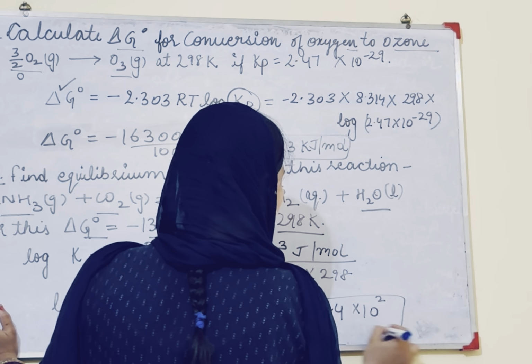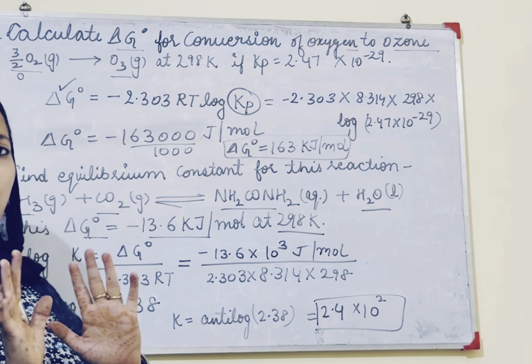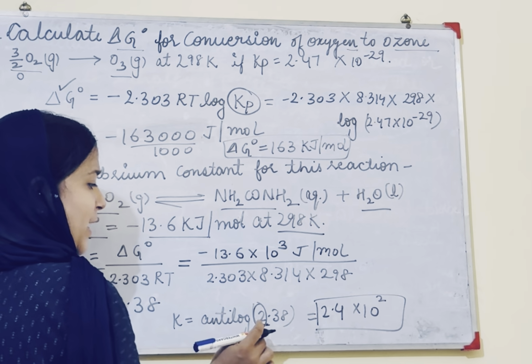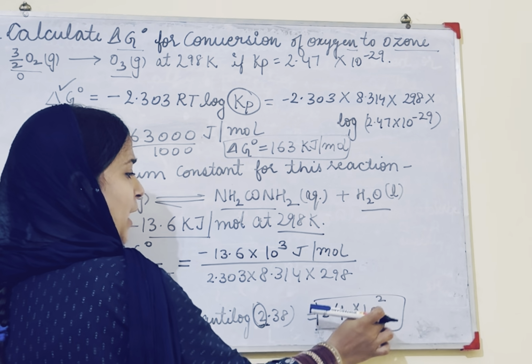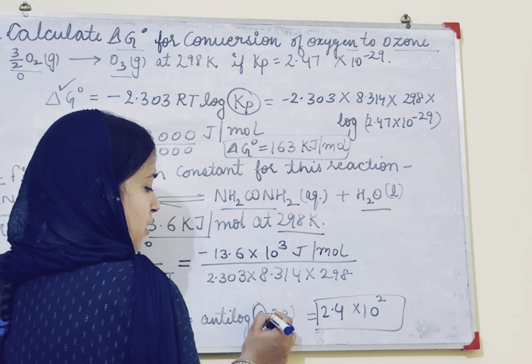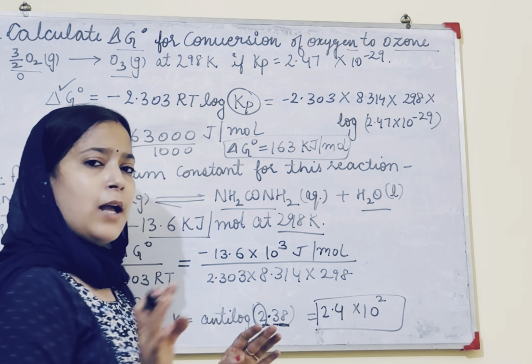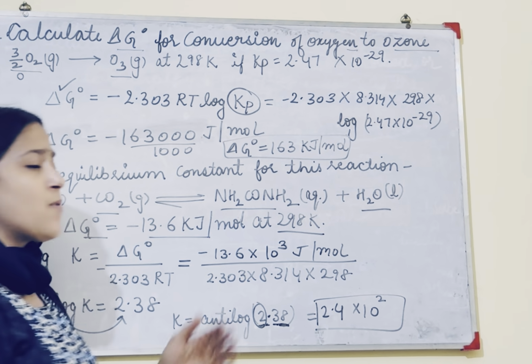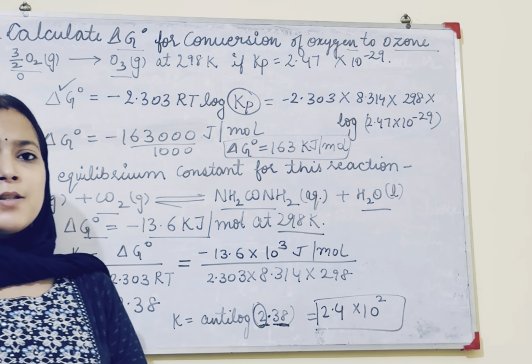This will be your answer. To solve any antilog, whatever is written in front of the decimal, that will be kept as the power of 10, and you have to check from the table the antilog after the decimal. In this way, you can solve such numericals.